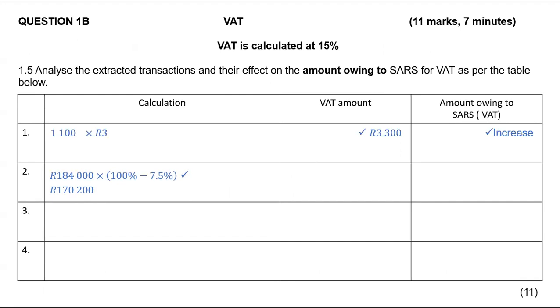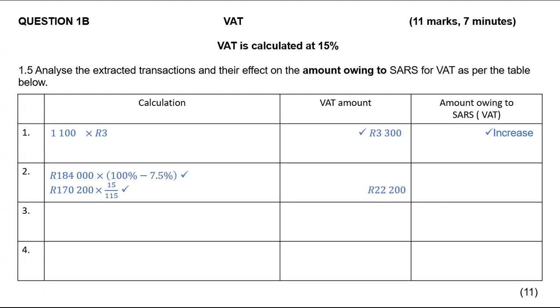To get the VAT amount out of that 170,200, we are going to multiply it by 15 over 115. And then you will get your VAT amount, which here will be 22,200.